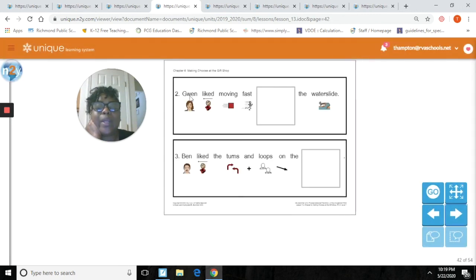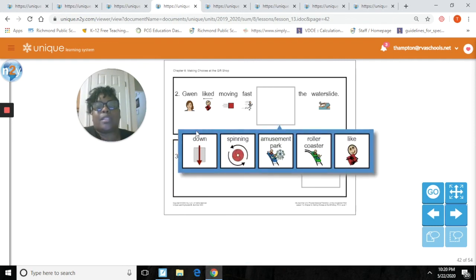Number 2 says Gwen liked moving fast. Blank the water slide. So let's see what our choices are. Down, spinning, amusement park, roller coaster, like. Make a choice.